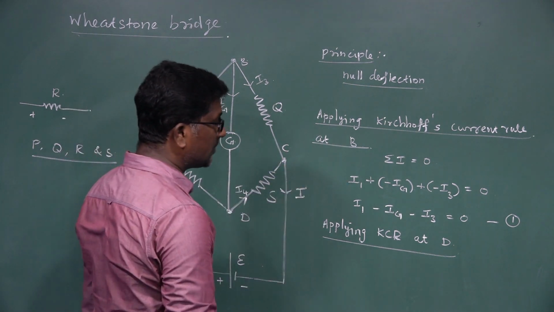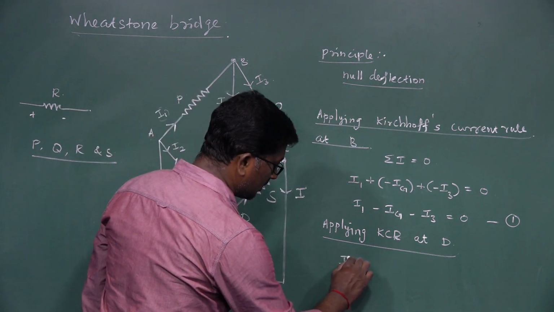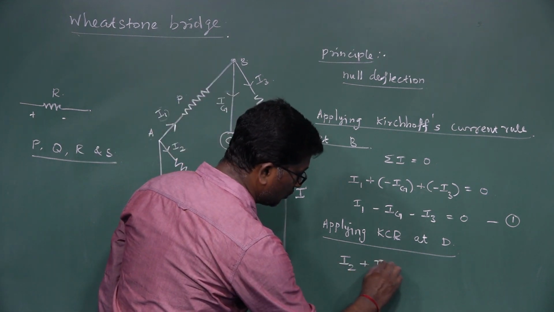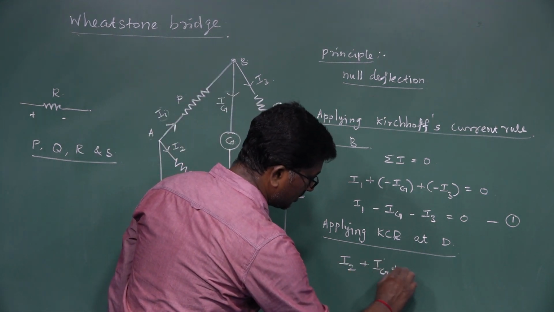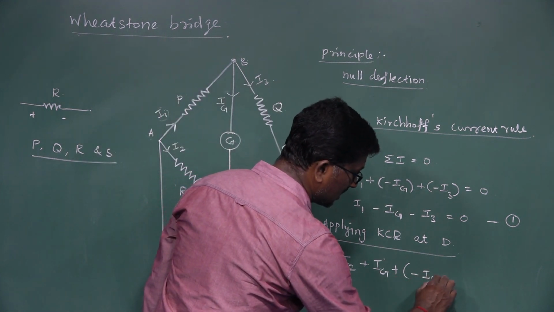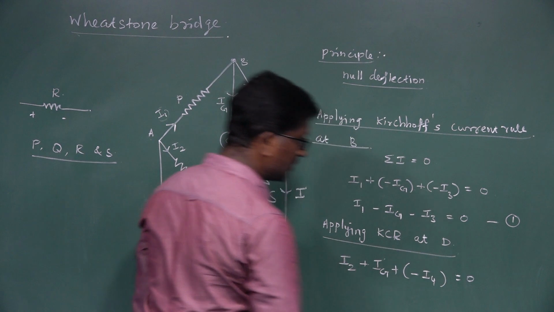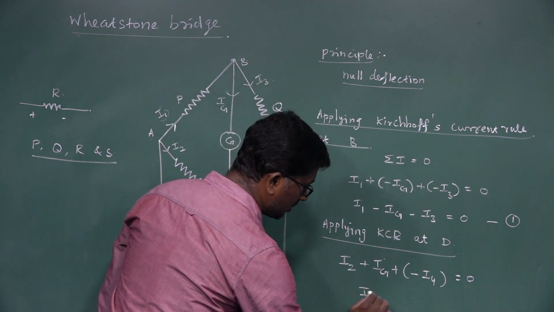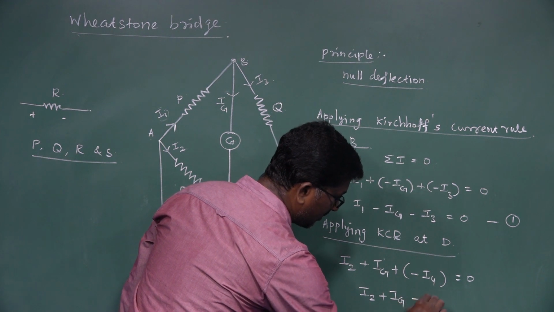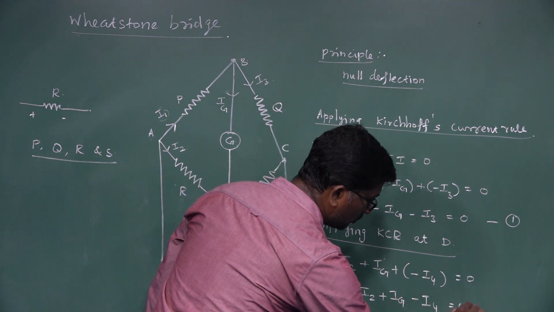So by applying Kirchhoff current rule, I2 is positive, IG is also positive, but I4 is negative, minus I4, which is equal to 0, or I2 plus IG minus I4 equal to 0.